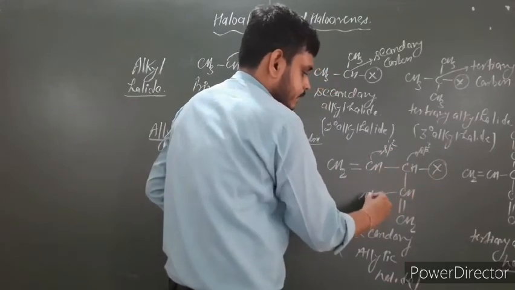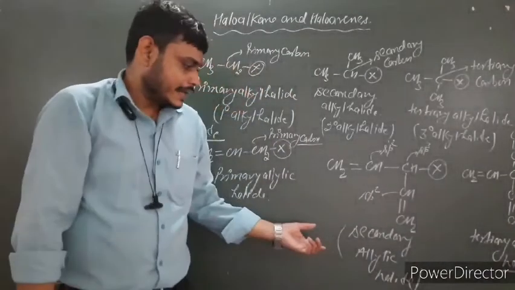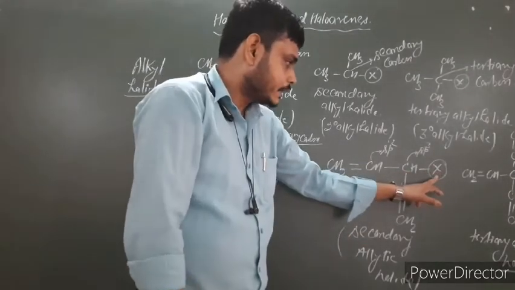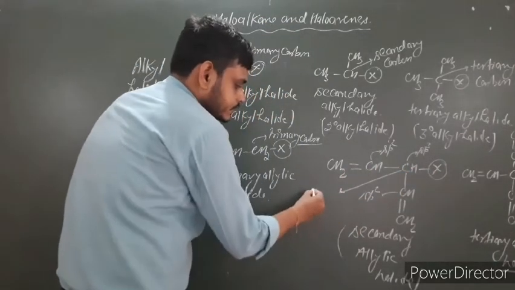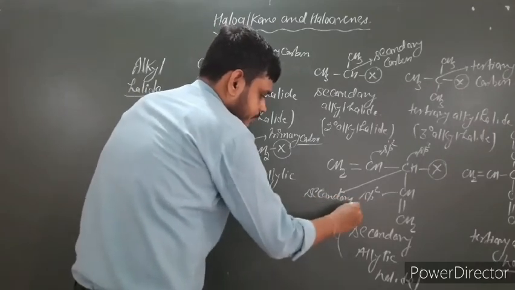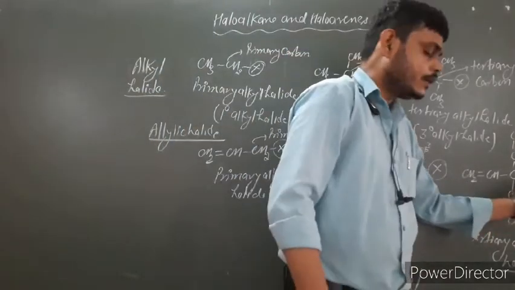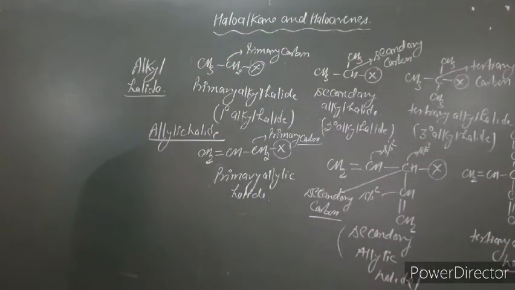But in this allylic halide, this is the secondary allylic halide because the halogen atom is directly attached with the secondary carbon. Or here the halogen atom is directly attached with the tertiary carbon. So this is the example of tertiary allylic halide. Clear?